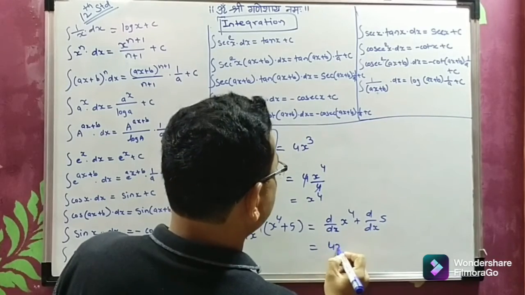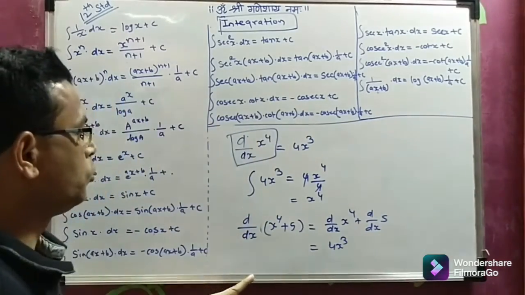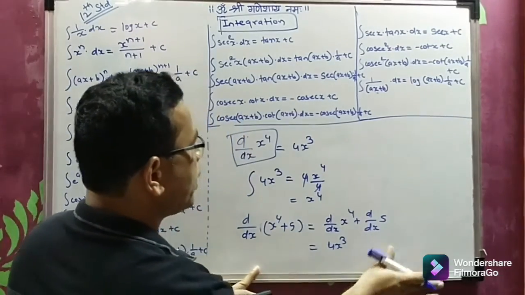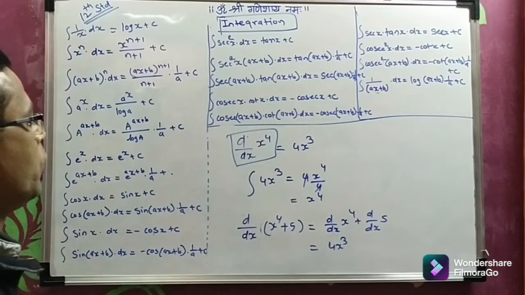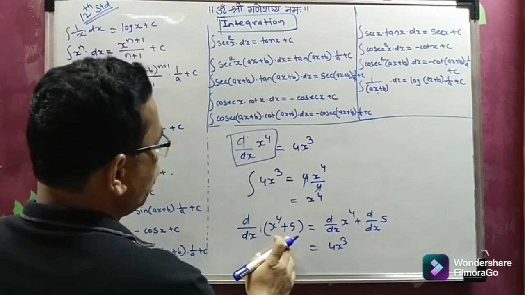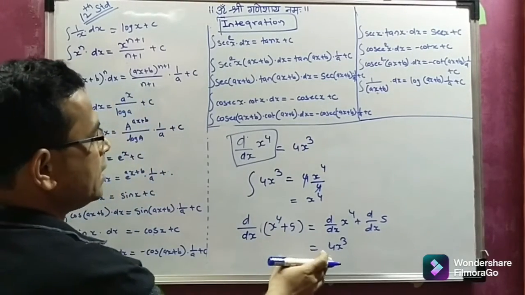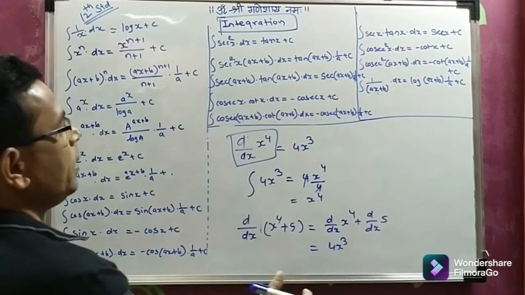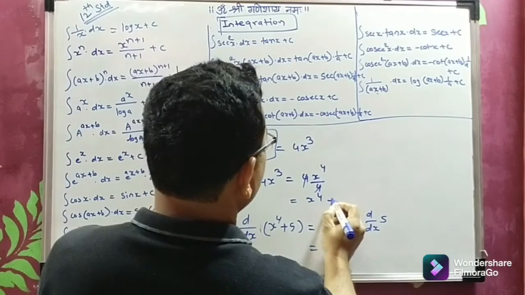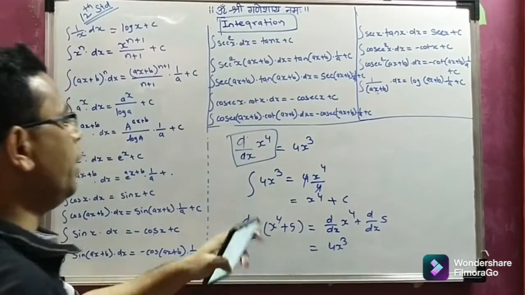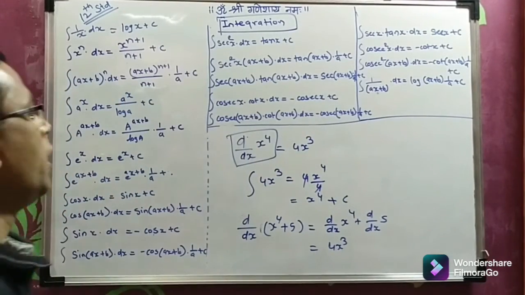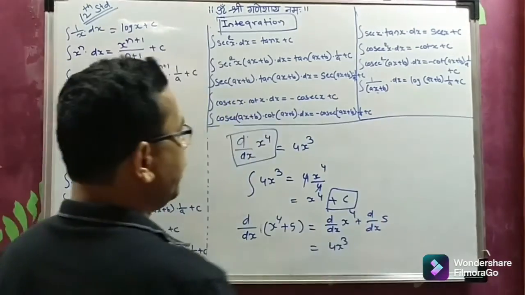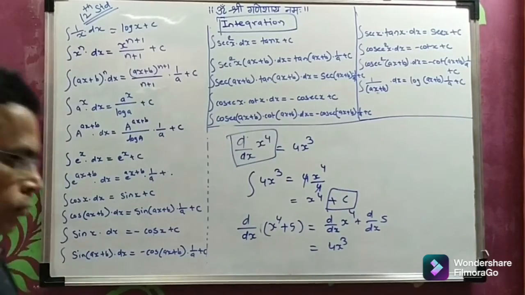The answer here is 4x raised to 3 and this is 0, so we will not write this. So the answer is 4x raised to 3. Even though there is a constant 5 here, the answer is 4x raised to 3. So to compensate for that, we always write the c while solving an integration problem, that is x raised to 4 plus c. So this is the reason why we are writing c as a constant.